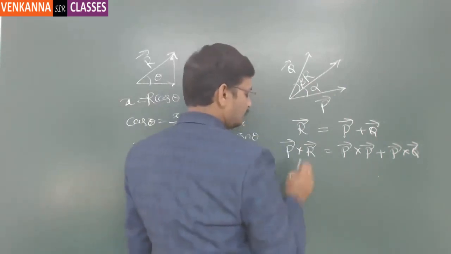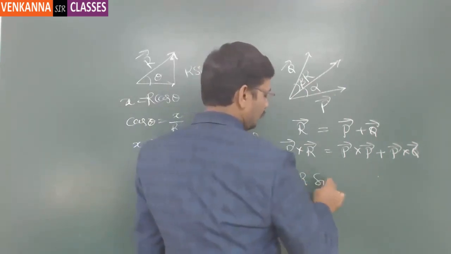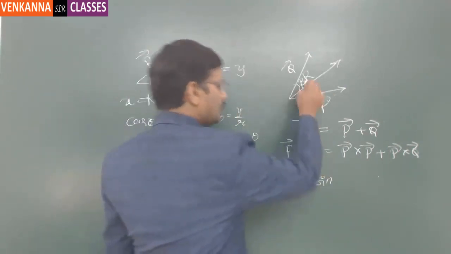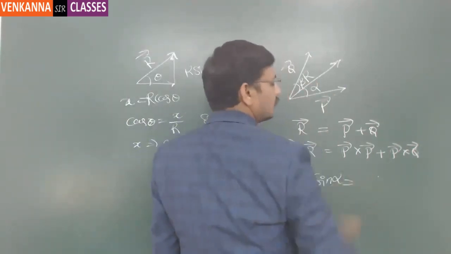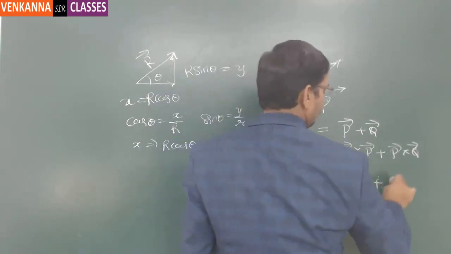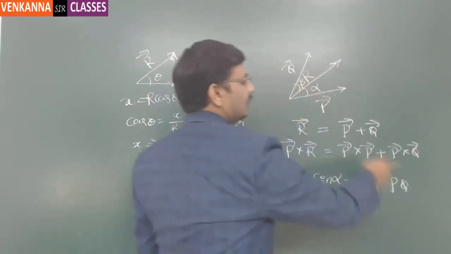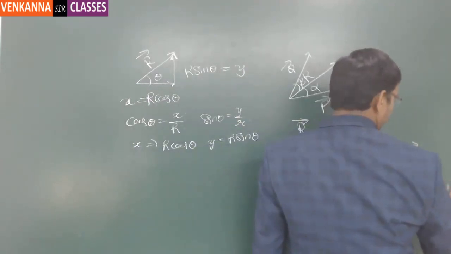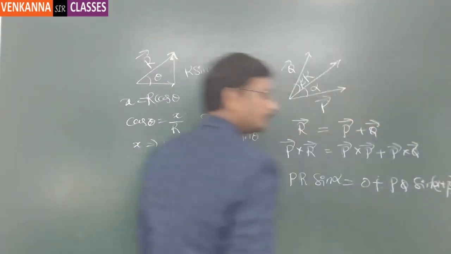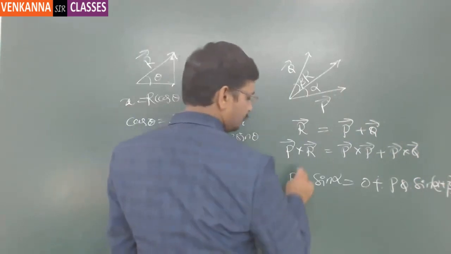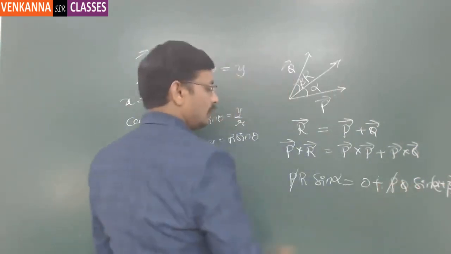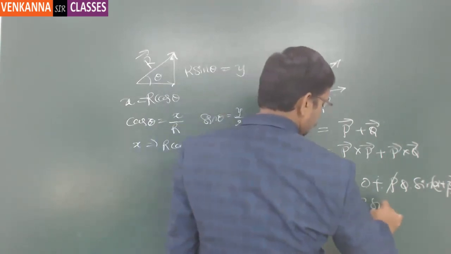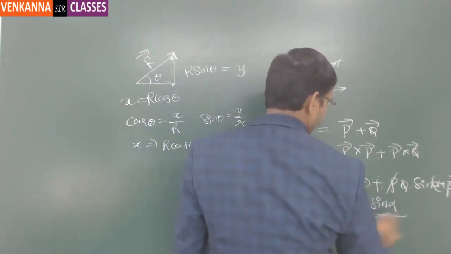Then this will be p r sine of the angle between p and r, which is alpha, so p r sine alpha equals 0 plus p q sine of the angle between p and q, which is sine of alpha plus beta. Then p cancels out, and what we are left with is q equals r sine alpha divided by sine of alpha plus beta.